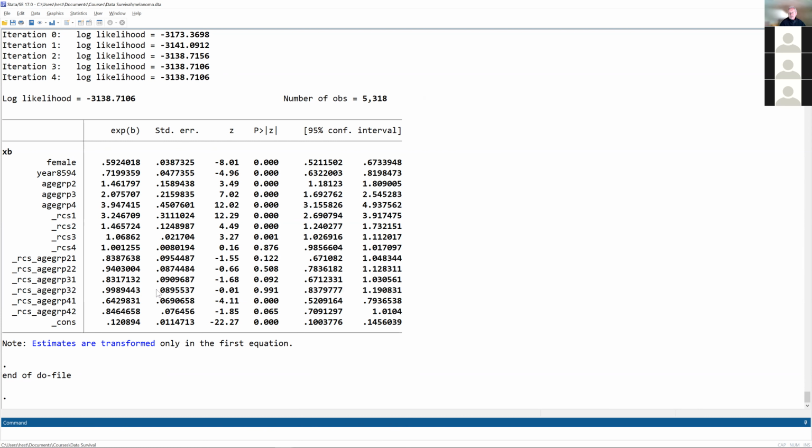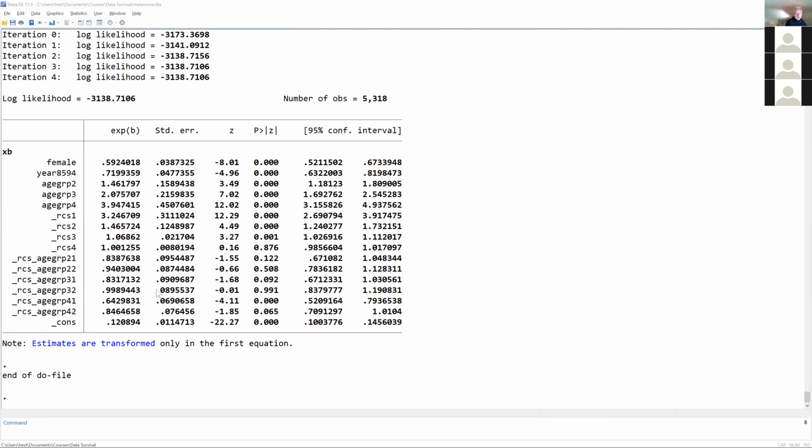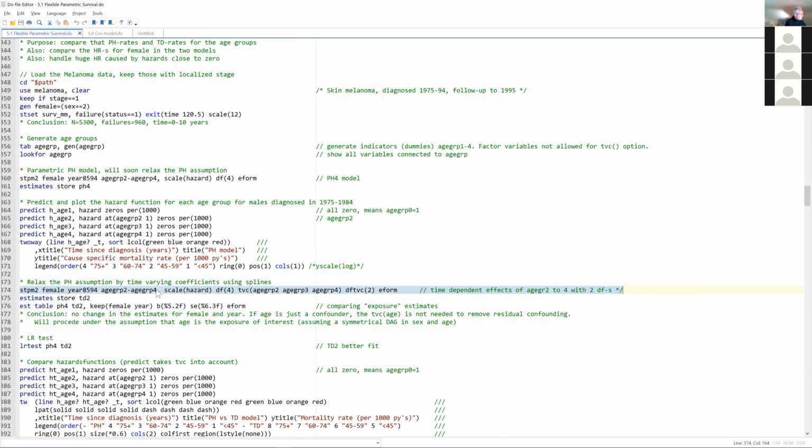So 2 splines for each of those time varying coefficient variables. Again, we cannot tell much from the estimates, but we can keep the estimates, store them as time dependent too, and compare them to the previous model.